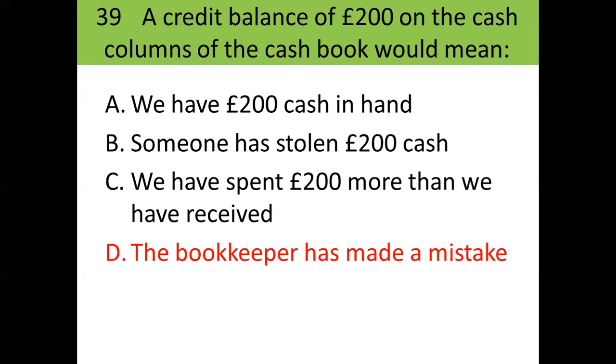And normally, you can't have a negative figure of cash in hand. It can be possible only at a bank while you have an overdraft, which is a kind of loan the bank lends you. But in cash, you can't have a negative figure as the cash in your pocket.